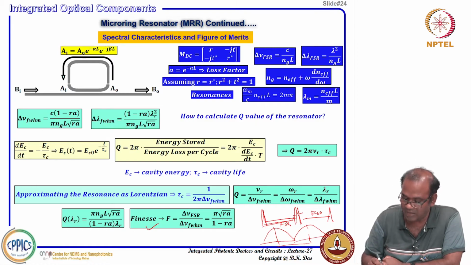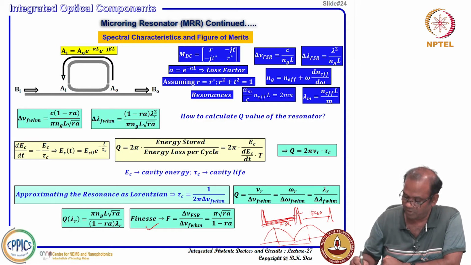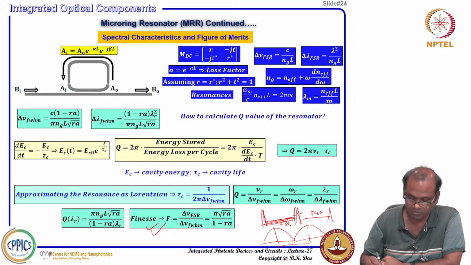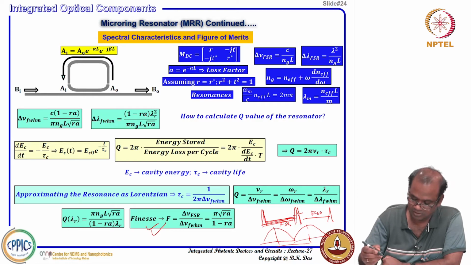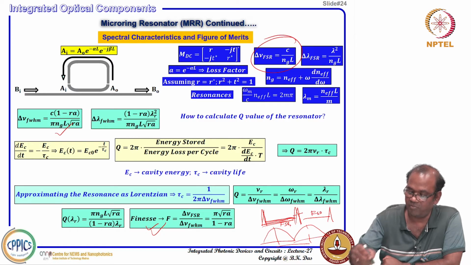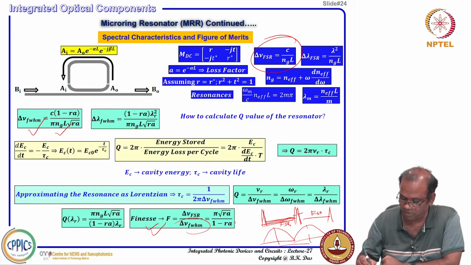So, high finesse means delta nu FSR is larger compared to the full width at half maximum. That is another figure of merit, which we call finesse F. We know the delta nu FSR expression and the delta nu FWHM expression; take the ratio and you get this expression.